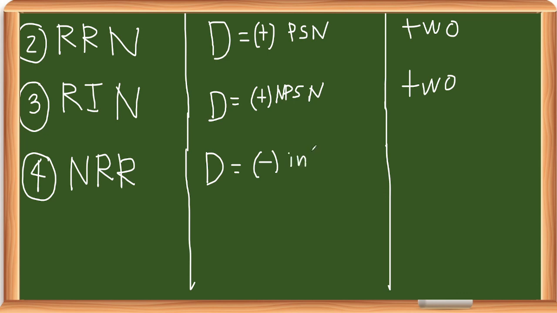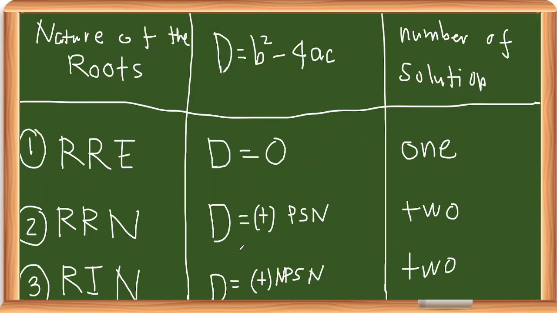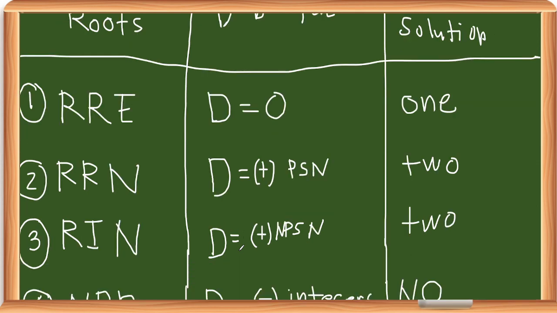So, negative integers. How many solutions? No solution po. Okay, there is no solution. 0. Zero solutions. That equation has no solution. Even if the world turns upside down, you cannot solve that equation. So, that's it.